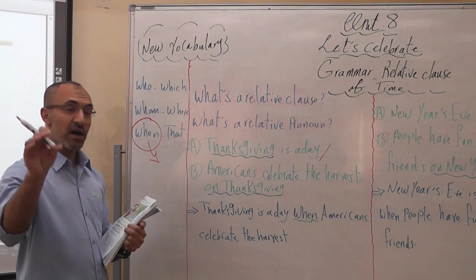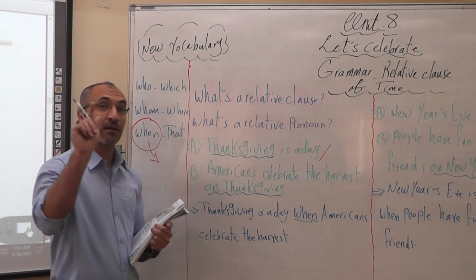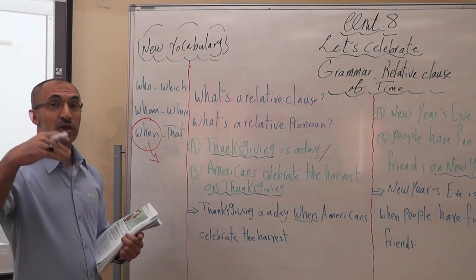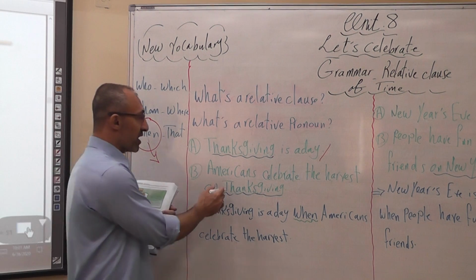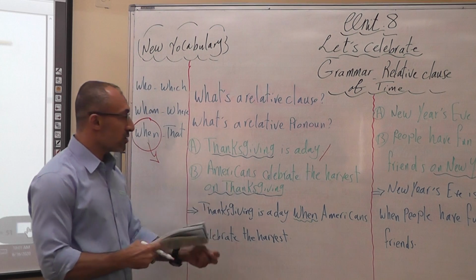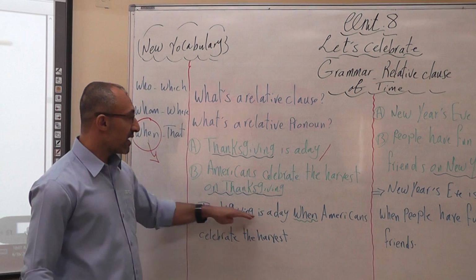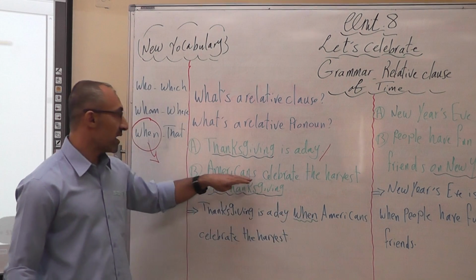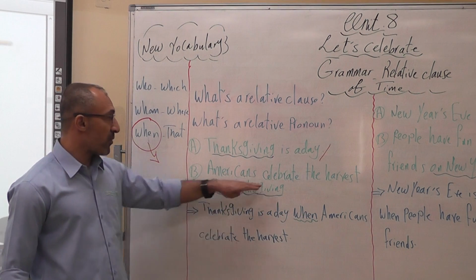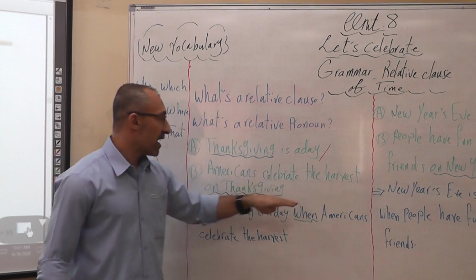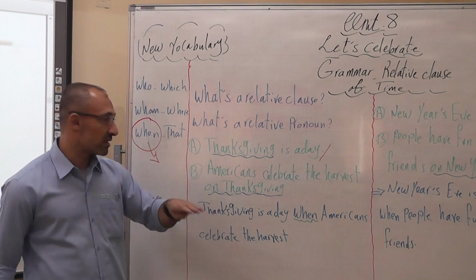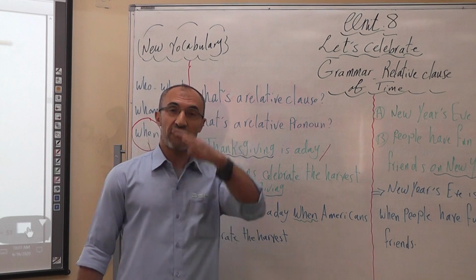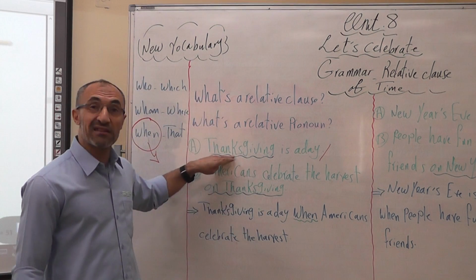Then I will write the second sentence as it is, but without repeating the word which refers to a time, which is on Thanksgiving. So, Thanksgiving is a day when Americans celebrate the harvest. And I will delete on Thanksgiving because it's the second repeated word referring to the same subject that I started with.